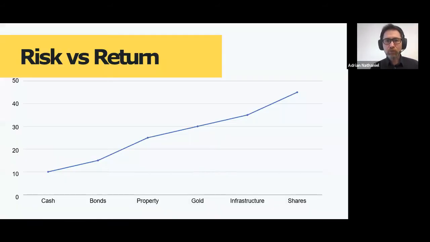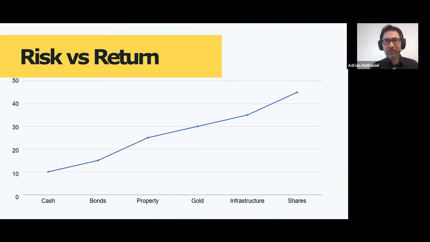So, let's look at the risk versus return. Now, each of these asset classes actually has a level of return on your money. And depending on what the asset class is, it'll have a higher return or a lower return. And also, that correlates with the amount of risk. Now, as you can see here on this chart, cash is down one end of the spectrum where there's a low return, and particularly at the moment, it's under 1%.